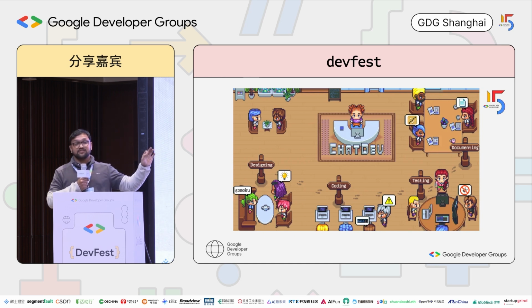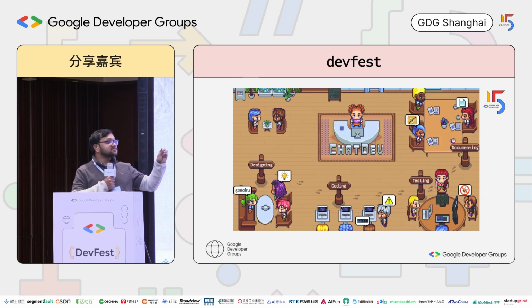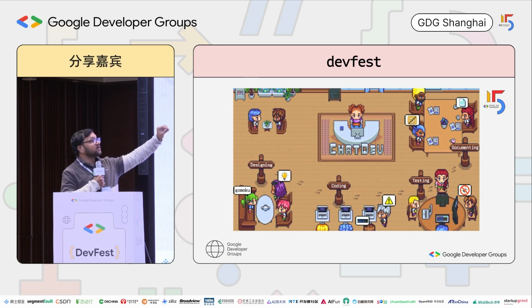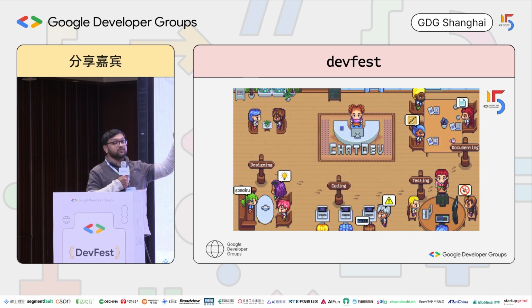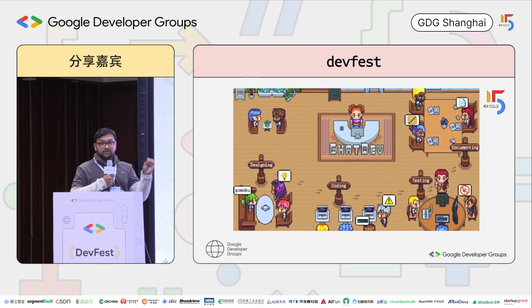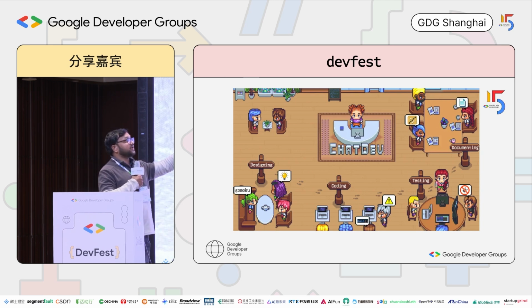That is where these agent architectures are going to help. For example, ChatDev is an agent framework which describes the software development use case very well. Here, if you see, there are multiple teams related to documentation, testing, coding, and designing.